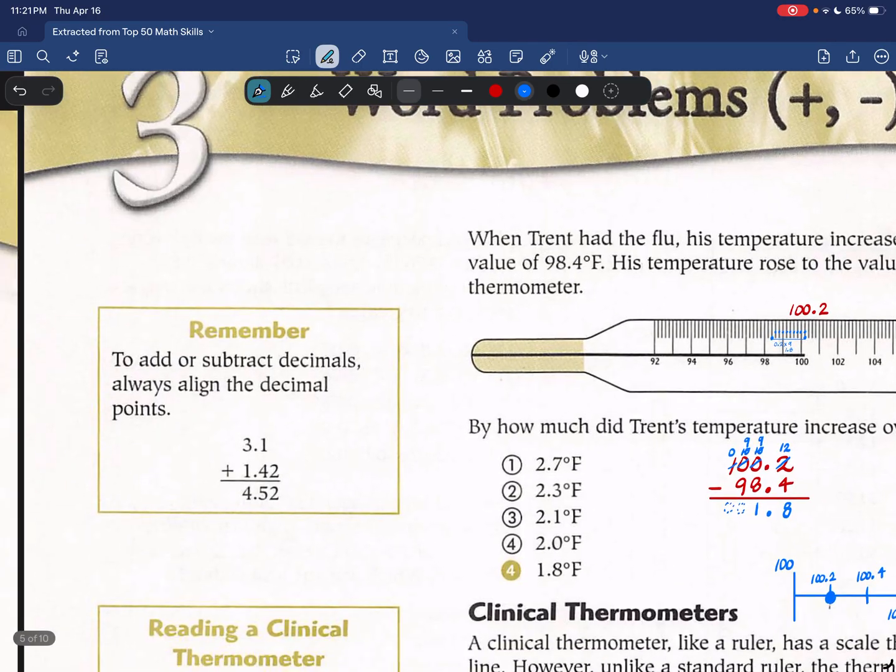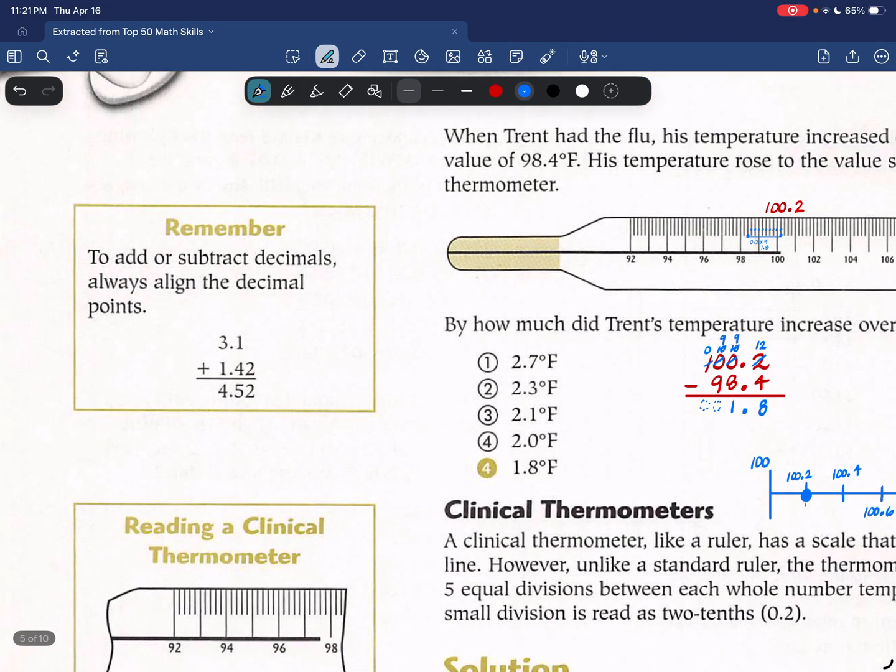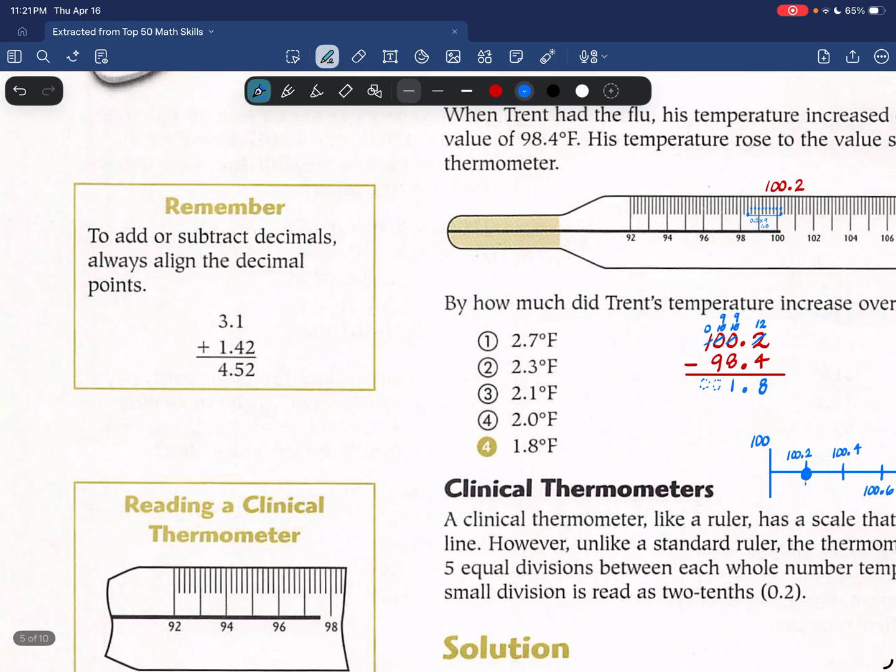Some points to remember. To add or subtract decimals, you always align the decimal points. Line up those decimals and work around that line if you're adding and subtracting.